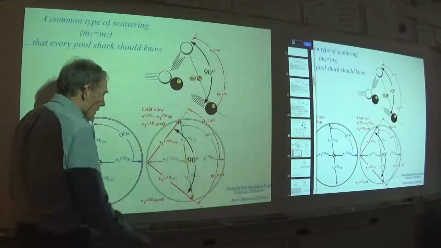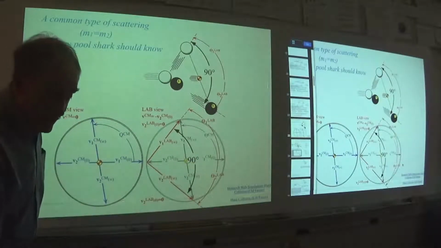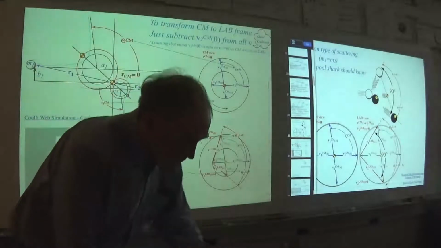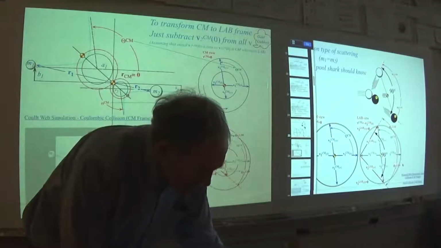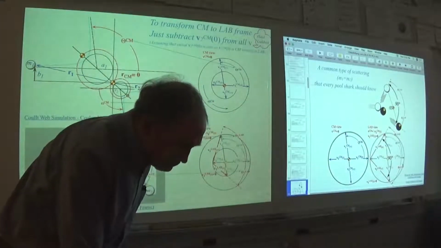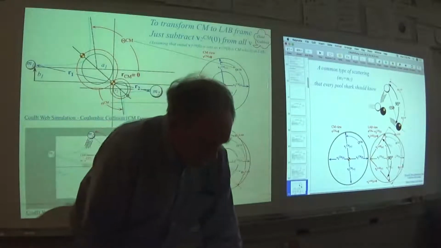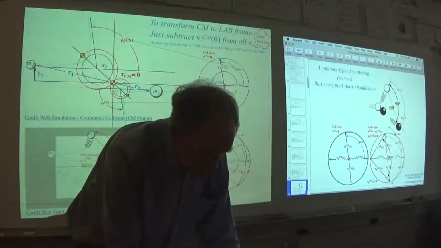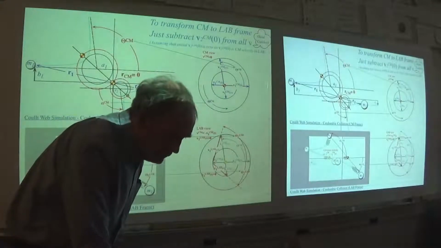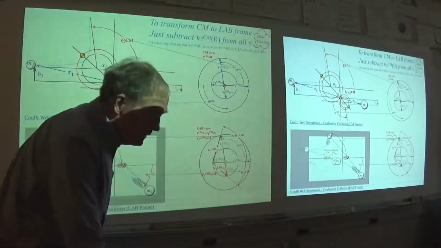Then we go ahead and do the Galilean transformation, and let's get this thing back in operation here. And it didn't seem to go back into operation right away. There we go.